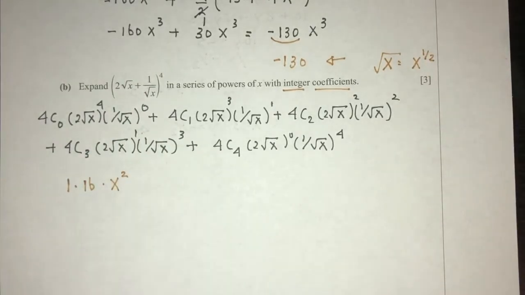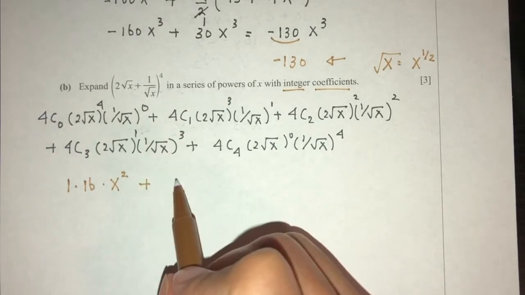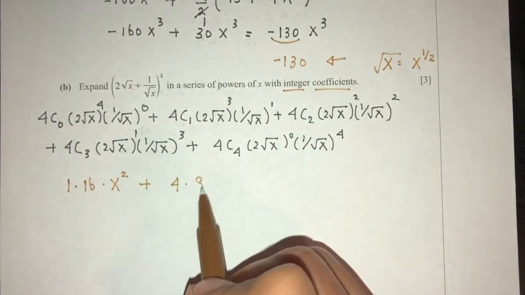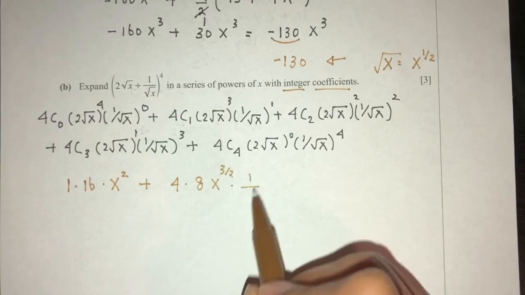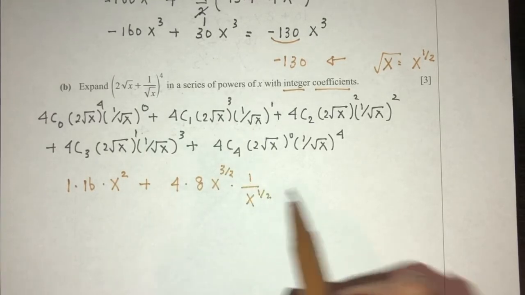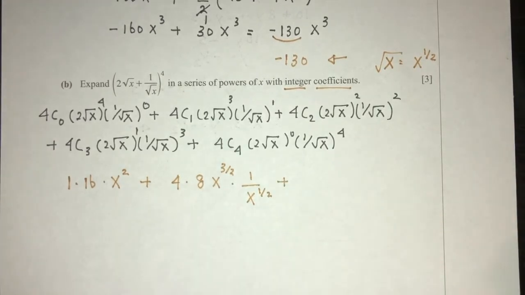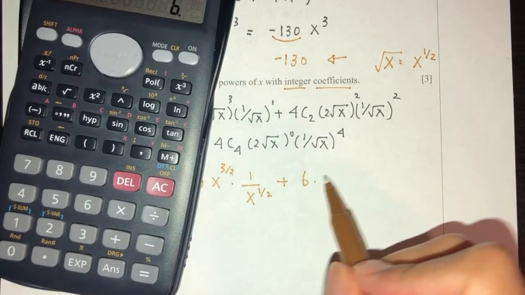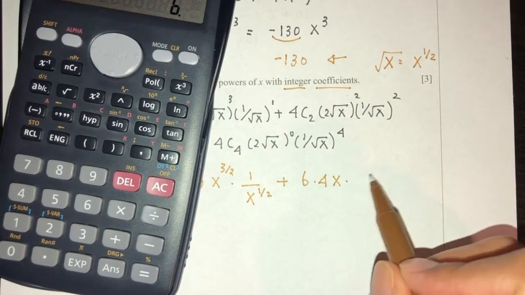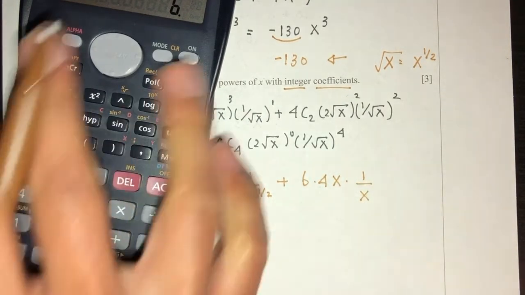This is 1, okay? Now plus 4 choose 1 is 4, that will be 8, and that will be x 3 over 2 times 1 over x half. Now this one, so here we have 4 choose 2 is what? That will be 6, that will be 4x 1 over x.